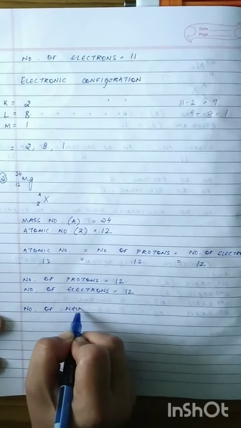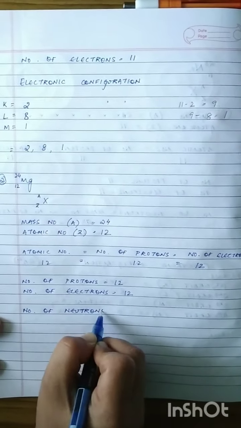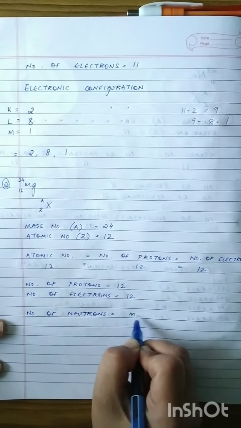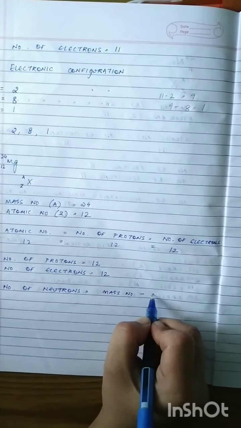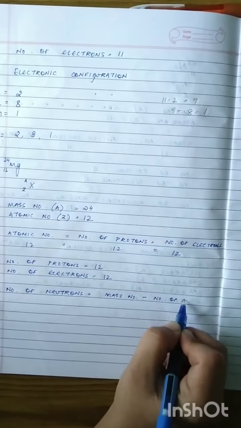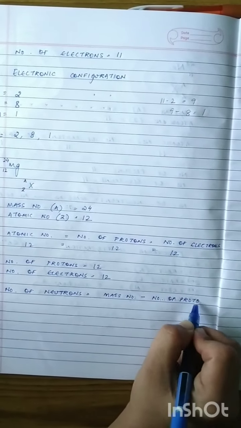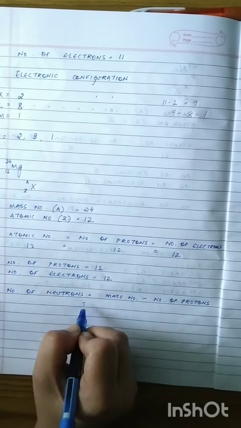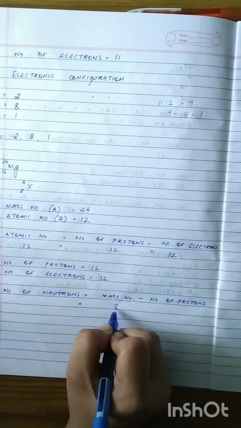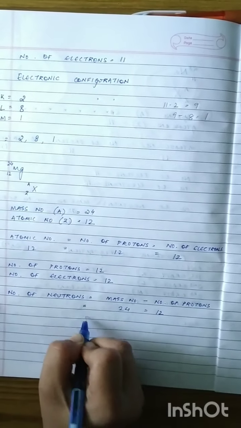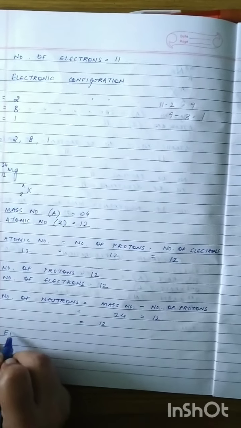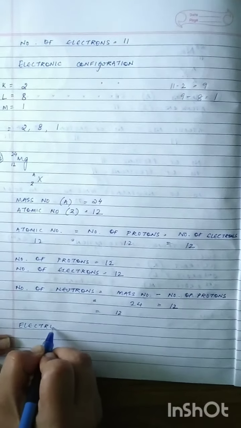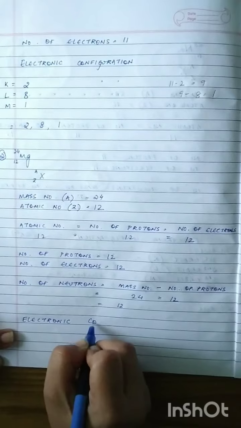Number of neutrons equals mass number minus number of protons, which is equal to 24 minus 12. So the number of neutrons is also 12. Now we come to the electronic configuration.